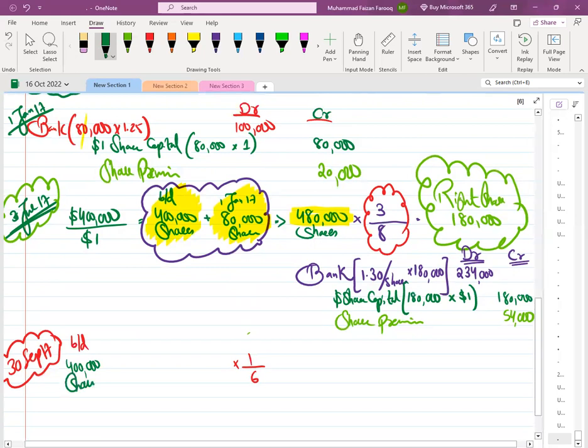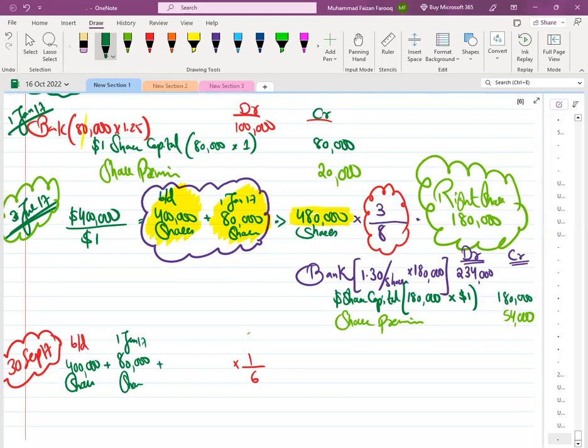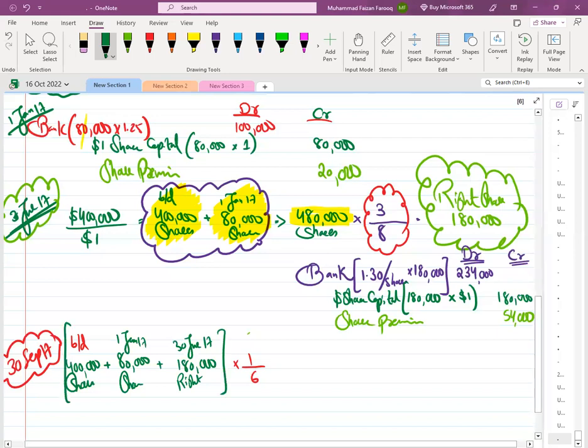Yes. Before bonus, on 1st of January, we issued 80,000 shares. Then before bonus, on 30th June, we issued 180,000 more shares, which are called right shares. So altogether, how many shares does this company have in total?